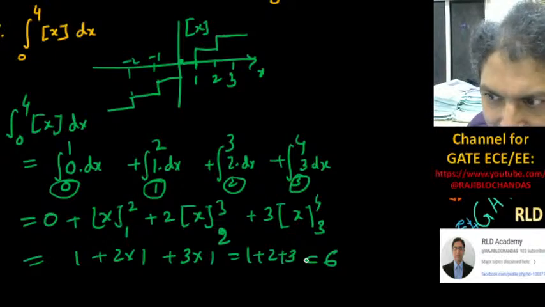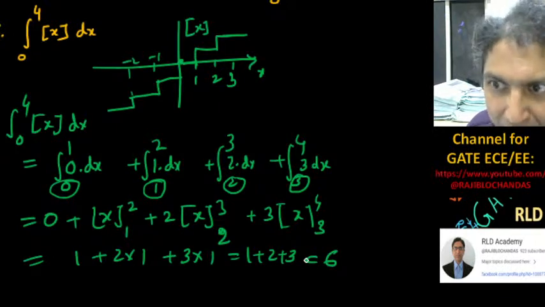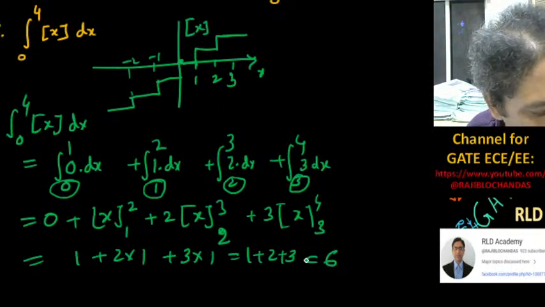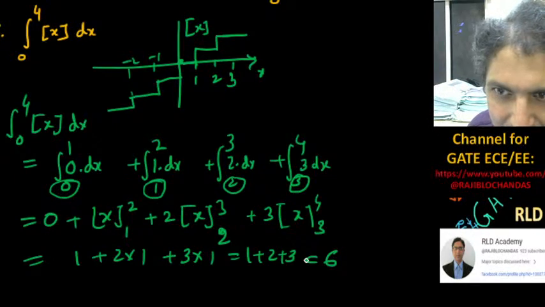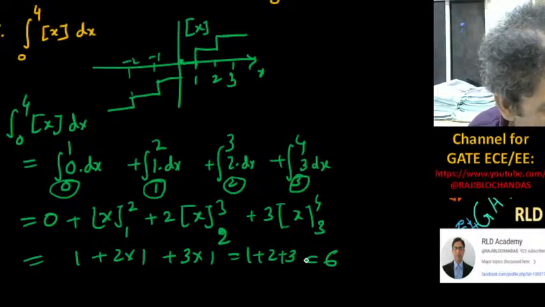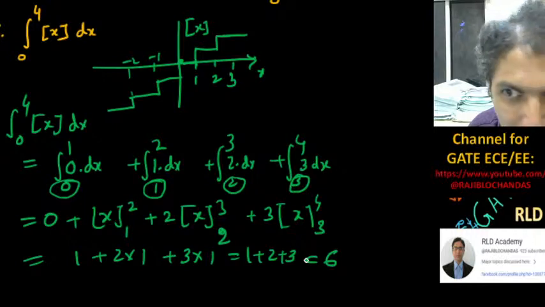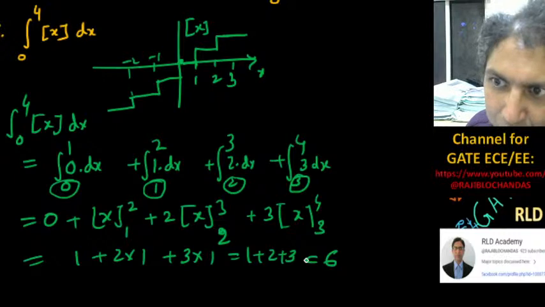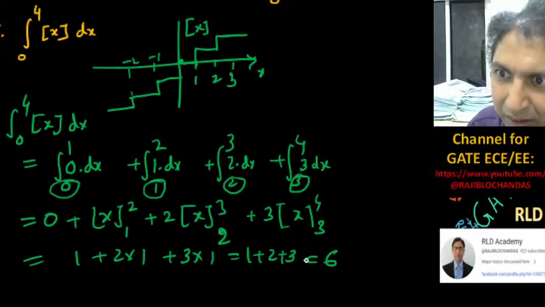Function value can change suddenly. That is fine. It may not be continuous. If it is not continuous, that is not a problem, because the area under the curve we can calculate piecewise. At 1, 2, 3, at those points, function values are not perfectly defined, so discontinuity is there.